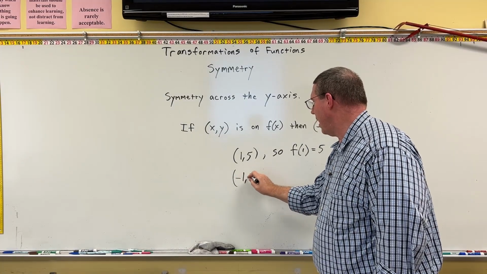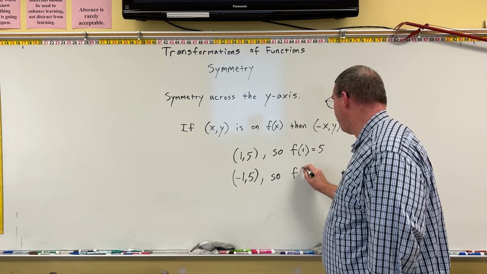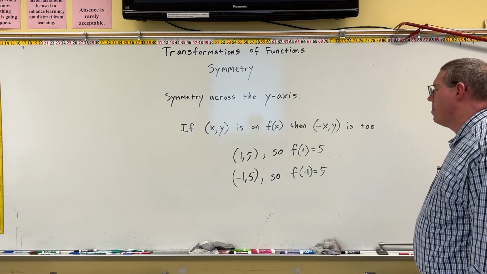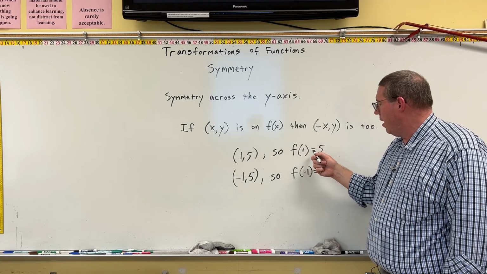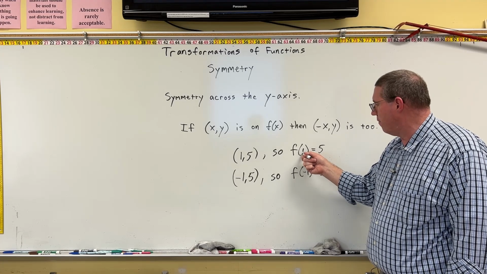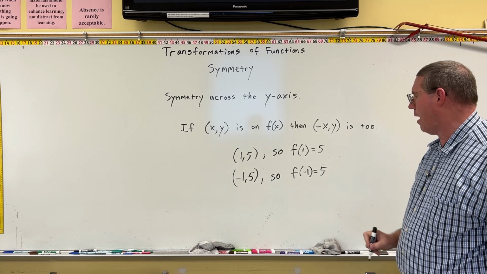is also on f(x), so f(-1) is equal to 5. So the idea here is that if you plug an x value into f and you get a particular output, you can plug the negative version of that number into f(x) and get the exact same output.